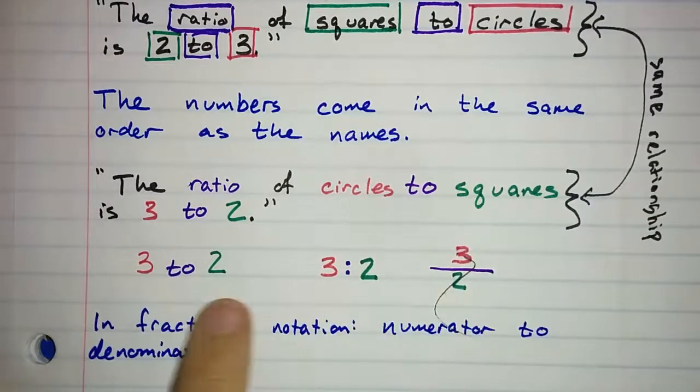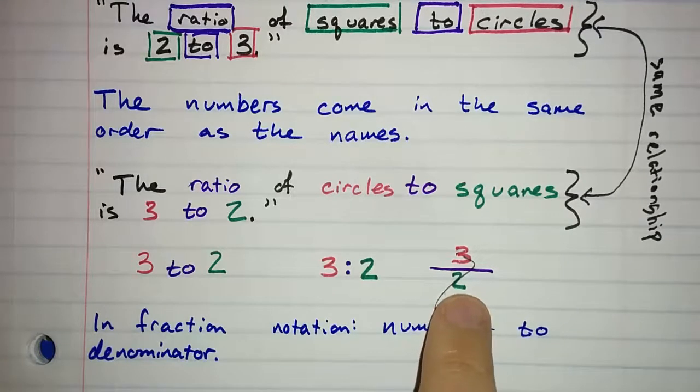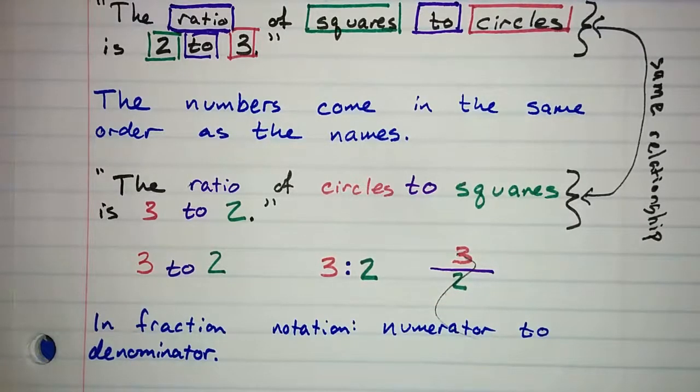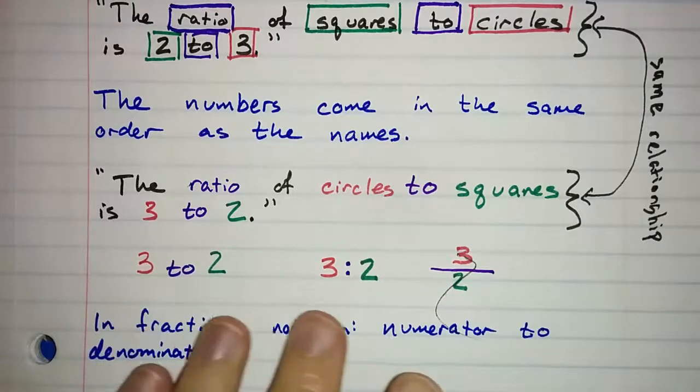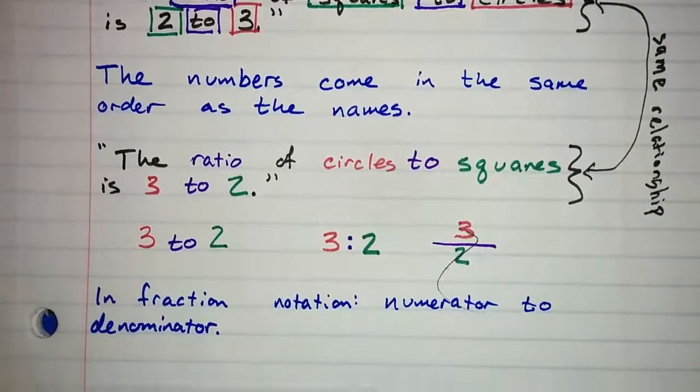And this idea of writing a ratio in fraction notation comes back to the idea of proportionality, doesn't it? We can write an equivalent ratio by multiplying each number by the same thing.